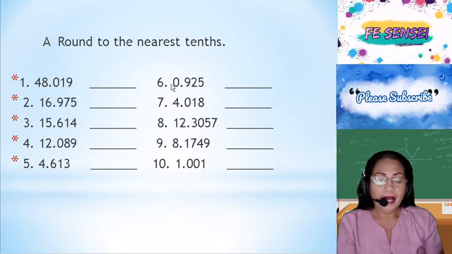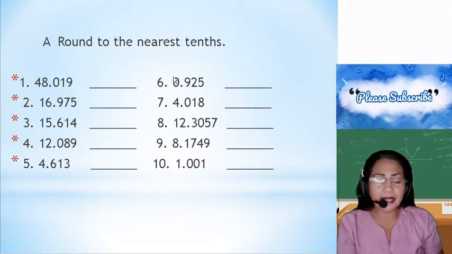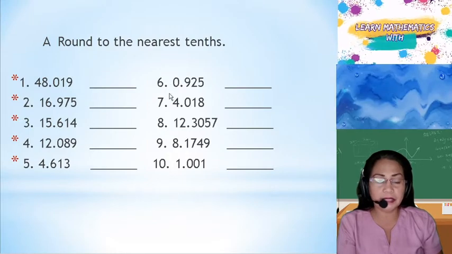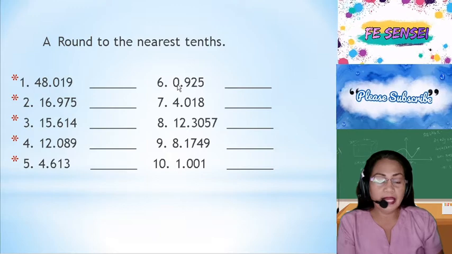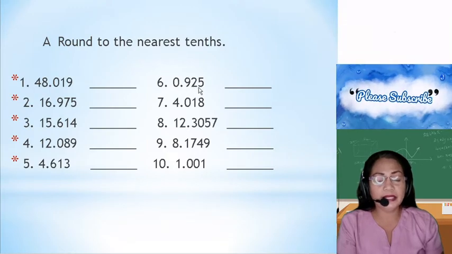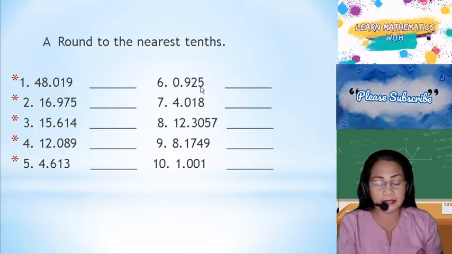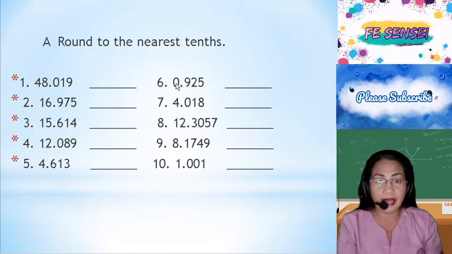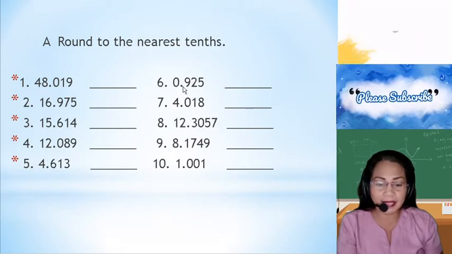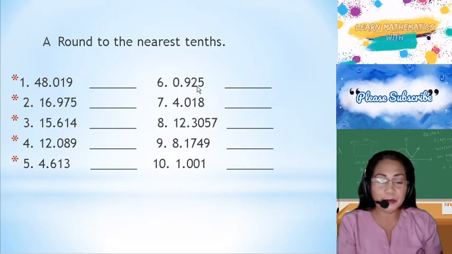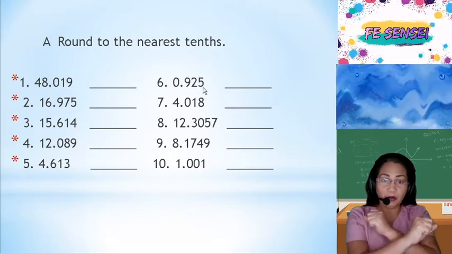Okay, let's take a look at number 6. This is 925 thousandths. Do not say 0 and 925,000. It's wrong.